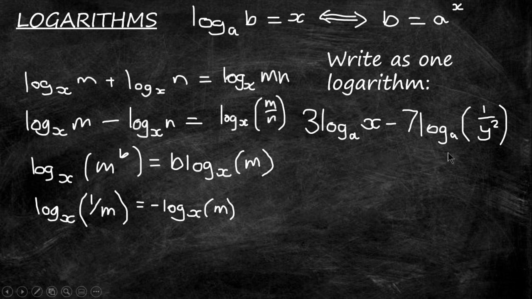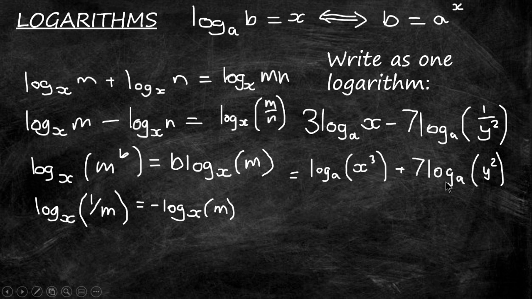And then because 1 over y squared can be written as y to the power of minus 2, we can use the reciprocal rule to bring the power of minus 1 in front of the second logarithm here. So this minus 7 would become plus 7. So if we apply those rules, it would give us this result. We've brought the 3 up as a power, and then we've changed the sign of that and removed the reciprocal.